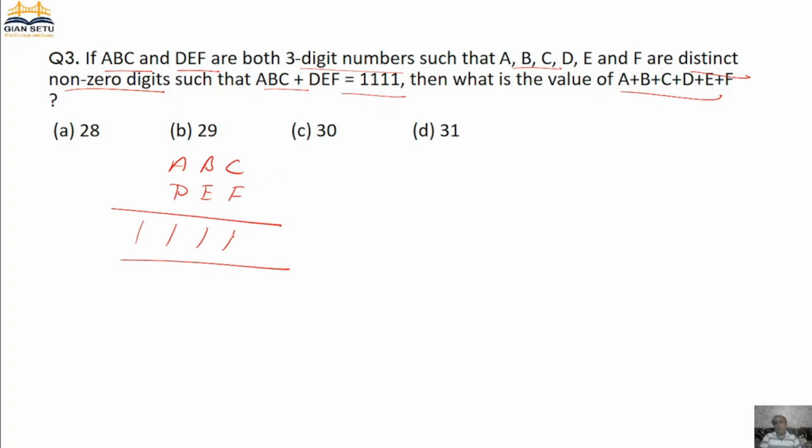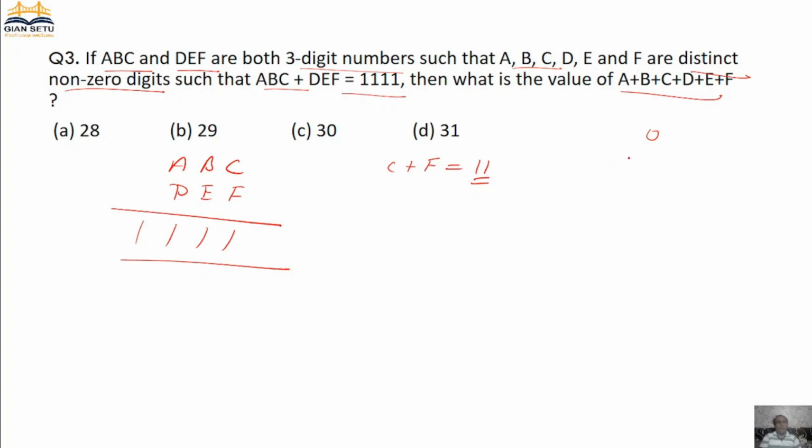Now we get 1 here only if C plus F is equal to 11, because we cannot have 0 here, because all the digits are distinct and non-zero. We must have C plus F equal to 11.